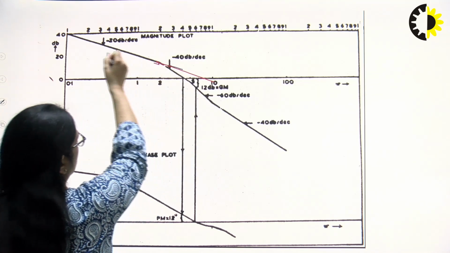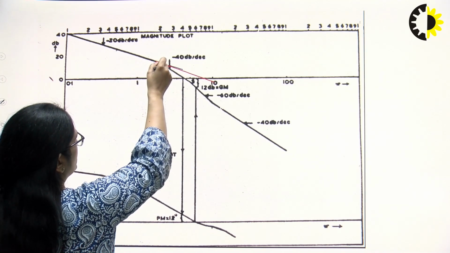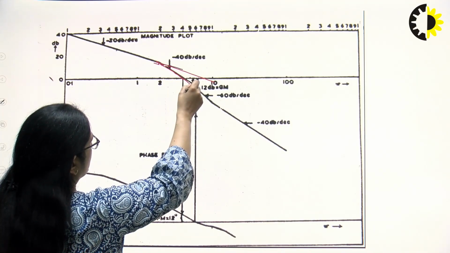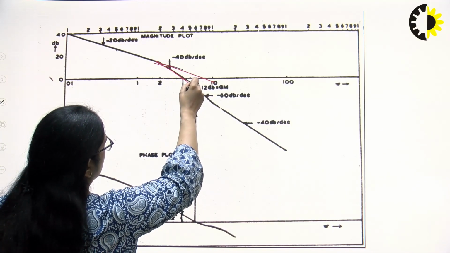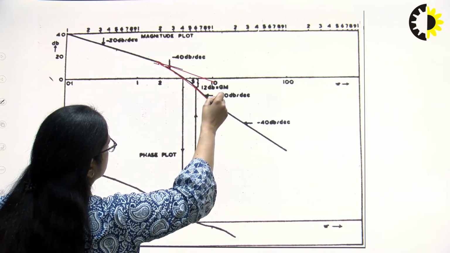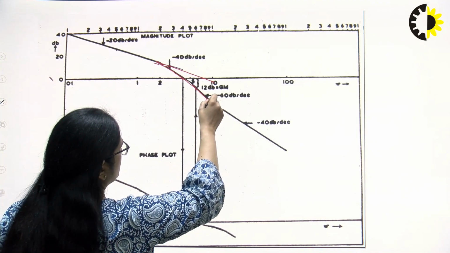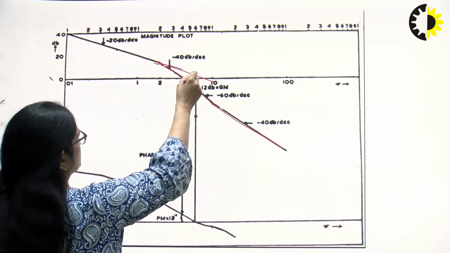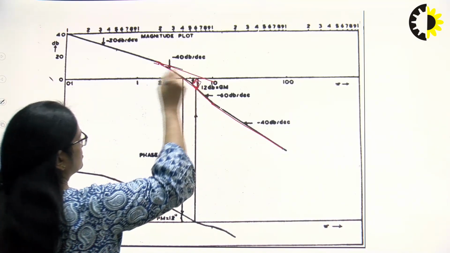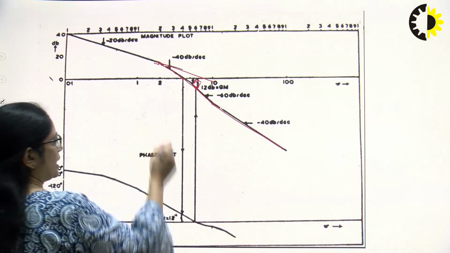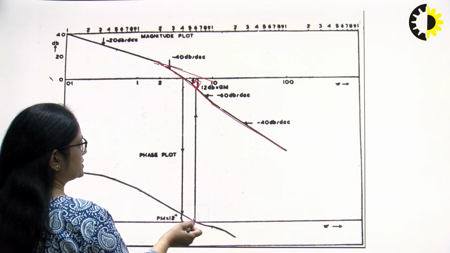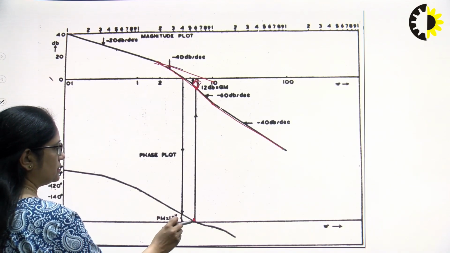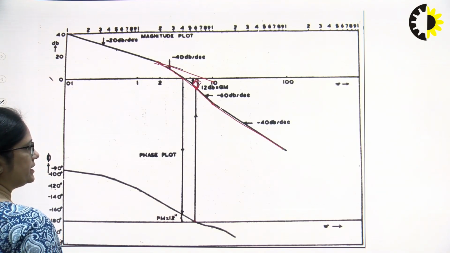It is changing at 2, then at 2 it continues till 5, at 5 again it is changing, and that is minus 20 added on, at 10 again it is changing. So this distance is called the gain margin, because from here this is the point where the phase plot is crossing the minus 180 degree mark.